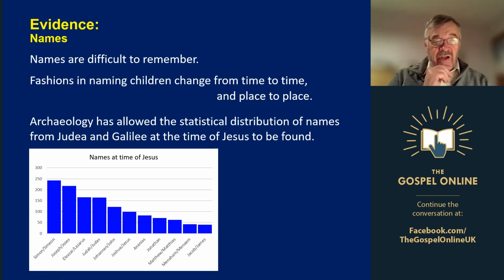I've done a thorough statistical analysis of it, and I can confirm that the New Testament appears to be a random selection of names from that distribution, because of course they're not really random, but the people weren't selected for their names, they were selected for other qualities.